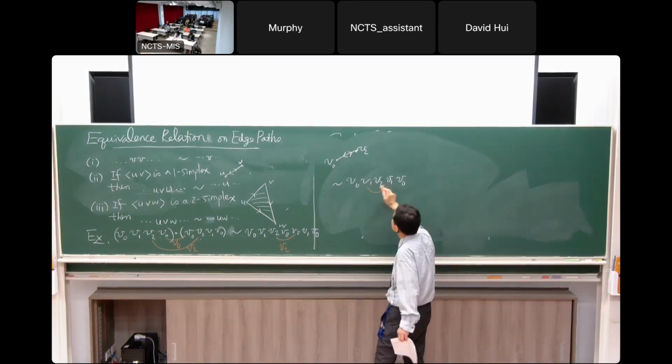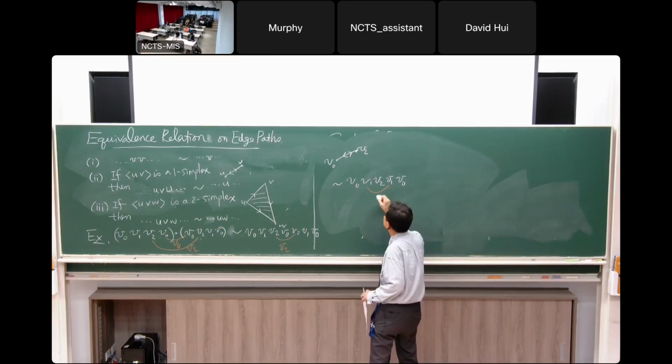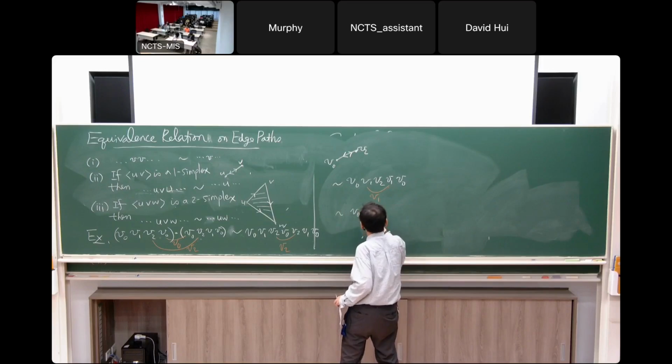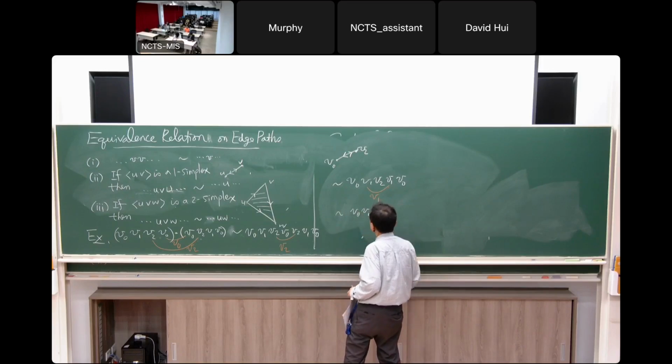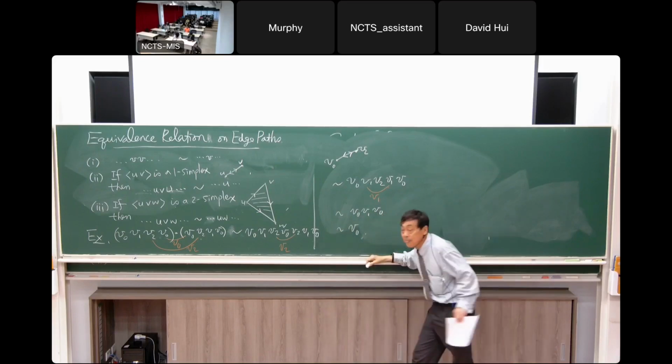And this V1, V2, V1 is V1. So this is V0, V1, V0, and that's equivalent to V0.